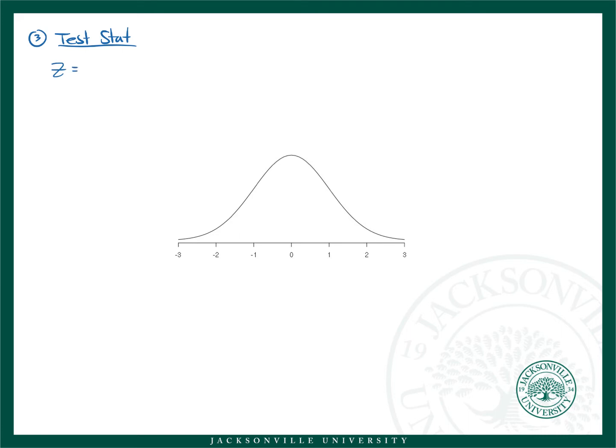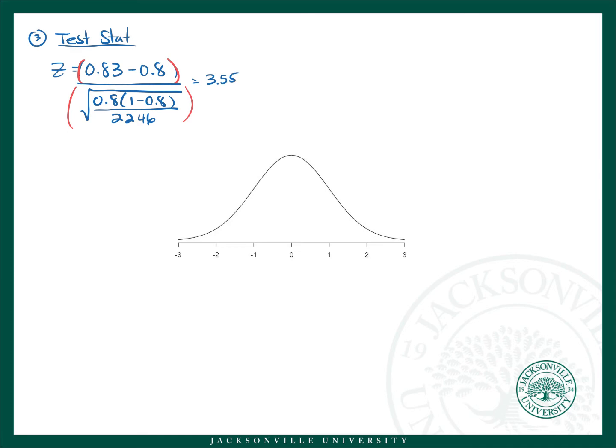So we would take our p-hat value, subtract the null hypothesis value, and then divide that whole thing by the square root of the null hypothesis value times 1 minus the null hypothesis value, divided by 2,246. And then if you're using your calculator, use parentheses. Okay, put that all into the calculator, take the square root of that denominator. And this gives us a z-score of 3.55.